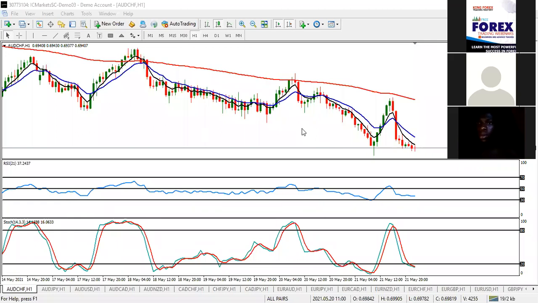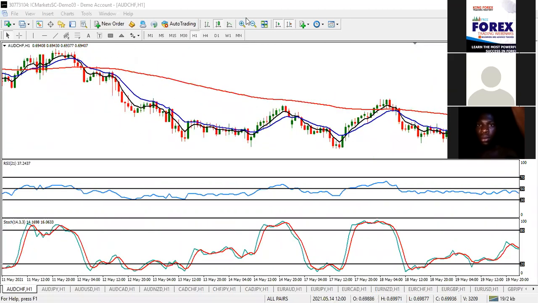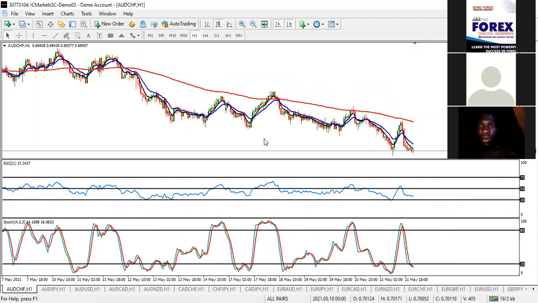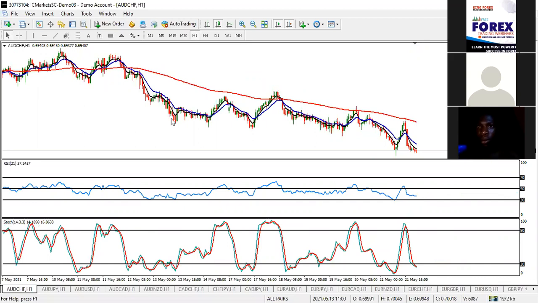And by implementing these two with this strategy, it makes it more powerful, and it gives us more assurance that the trade we are going to take is most likely going to go in our favor. That is one of the good aspects of adding Fibonacci to this strategy.